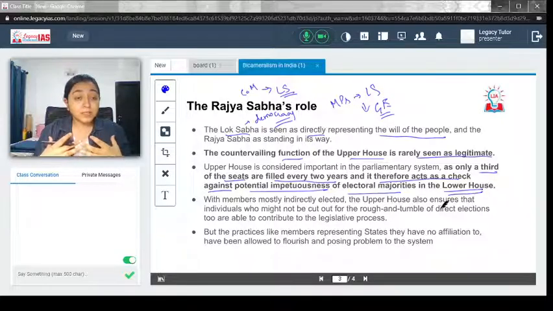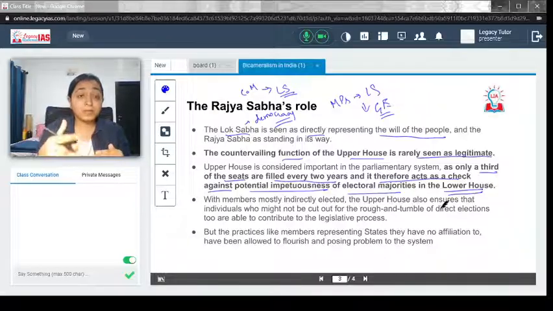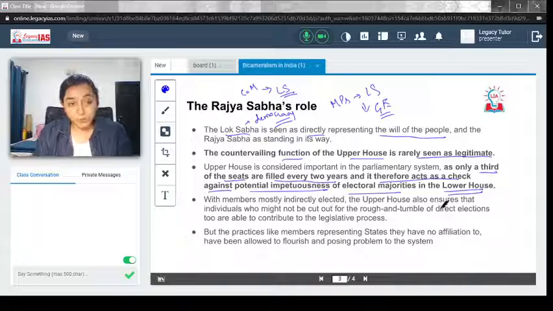If there is a majoritarian government in the Lok Sabha, it could always have its way. It could pass whichever bills it wants. So in that case, the Rajya Sabha comes in as an option that could at least put some stop where discussion and deliberation could happen. So that is one of the reasons why the Rajya Sabha is important.